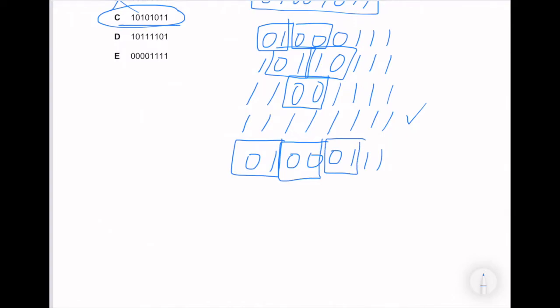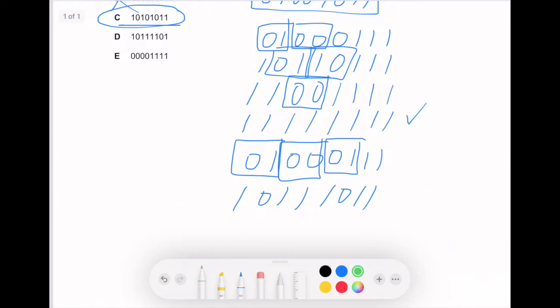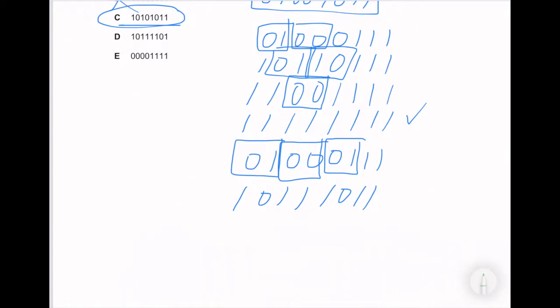So let's start flipping: 1, 0, 1, 1, 1, 0, 1, 1. Which numbers match C? The first digit is correct, the second digit is correct, the third digit is correct, but the fourth digit should be a 0, so this is wrong. The last 4 digits are correct, 1, 0, 1, 1.